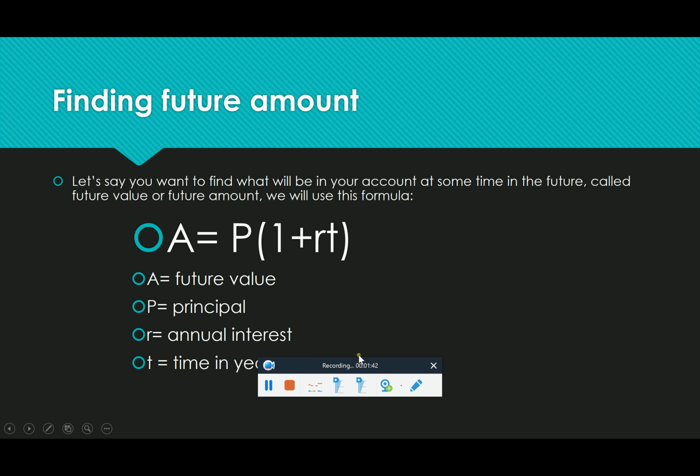All right, if you want to figure out your future amount, like how much will be in your account after a certain period of time, you use the future amount formula, which is A equals P times 1 plus RT. A is your future value, P is your principal, R is your annual interest rate, and T is time.